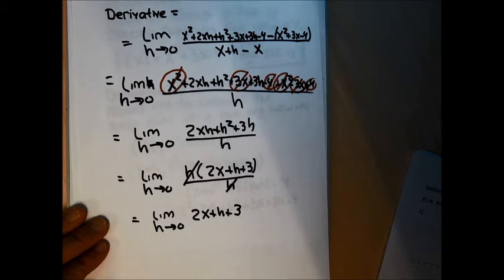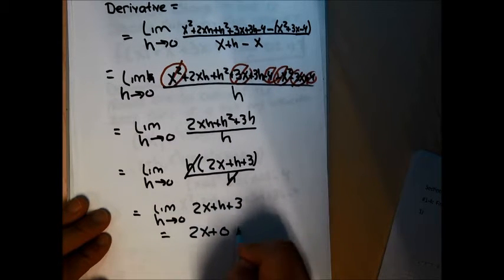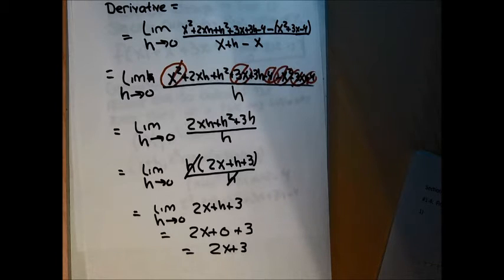Now I'm going to plug in 0 for h and get 2x plus 0 plus 3, and that's 2x plus 3. So the derivative of this function, which is a formula that allows me to calculate the instantaneous rate of change, is 2x plus 3.